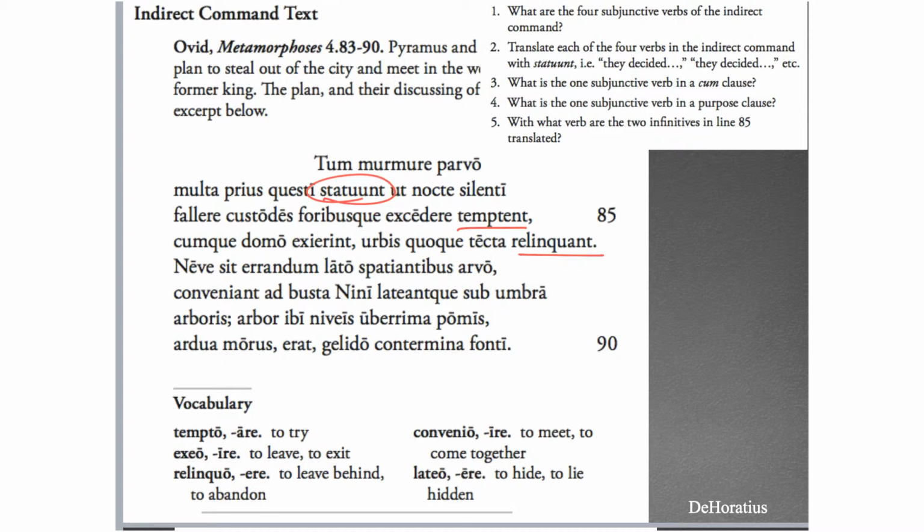They decided to try to deceive their guards in the silent night and to get outside. This is essentially the Romeo and Juliet story, but the ancient antecedent of it. And when they left home, they decided to leave behind the roofs of the city.